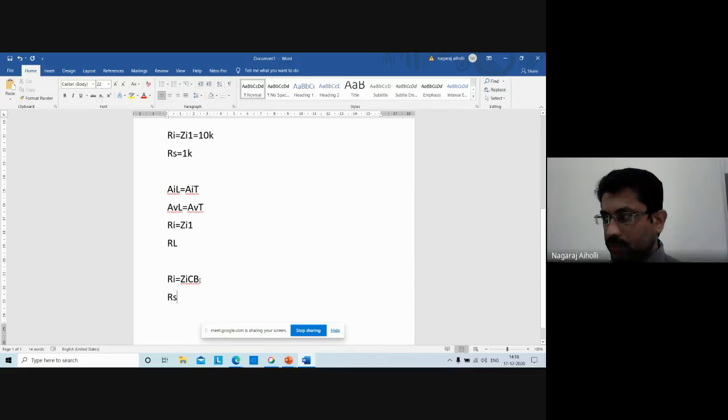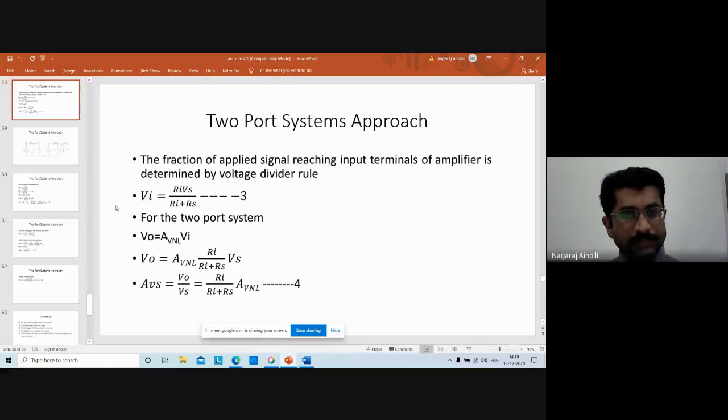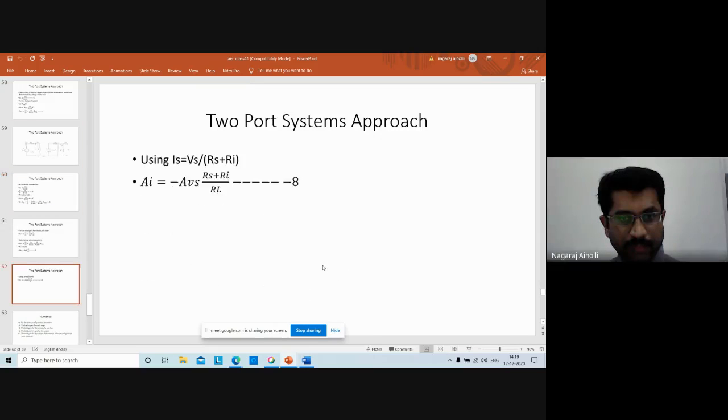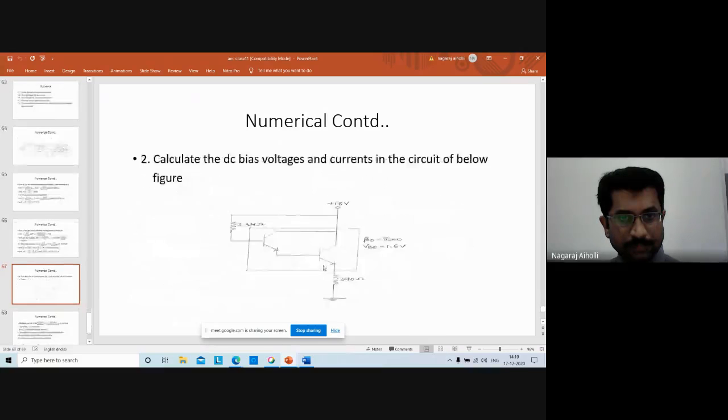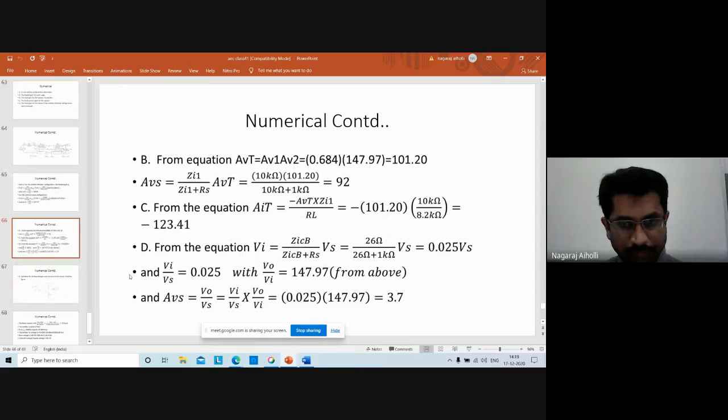Okay. Now let us substitute these values in this equation. So what will be Vi then? Vi will be equal to ZICB into Vs. Source voltage is also same, that has not changed. That divided by ZICB plus Rs. Vi is equal to ZICB into Vs divided by ZICB plus Rs.